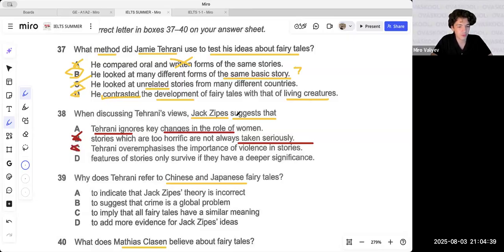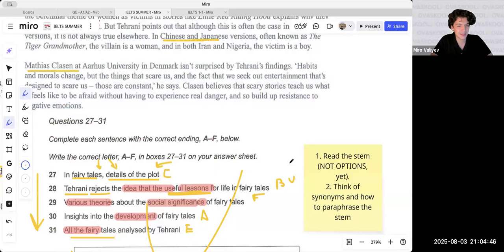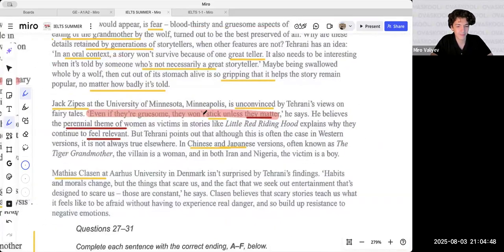Suggests that features of the story only survive if they have deeper significance, right? He said it here. Even if they're gruesome, right? He admitted, yes, some stories are very horrible. I mean, terrific, not just horrible, because horrible means bad.